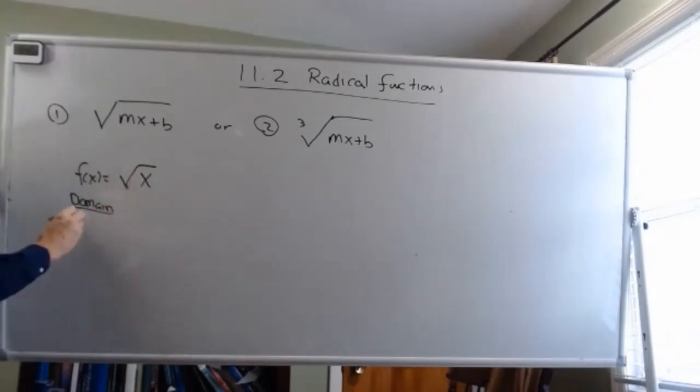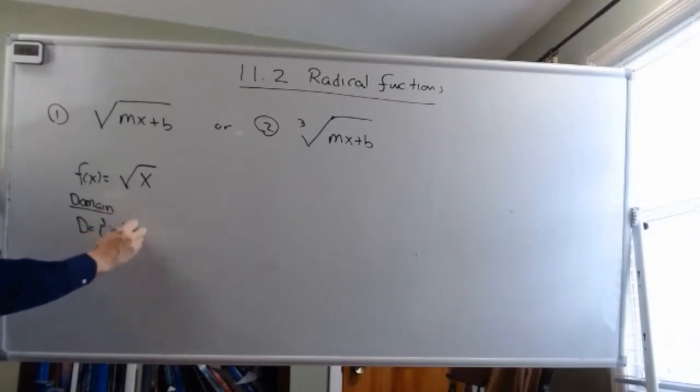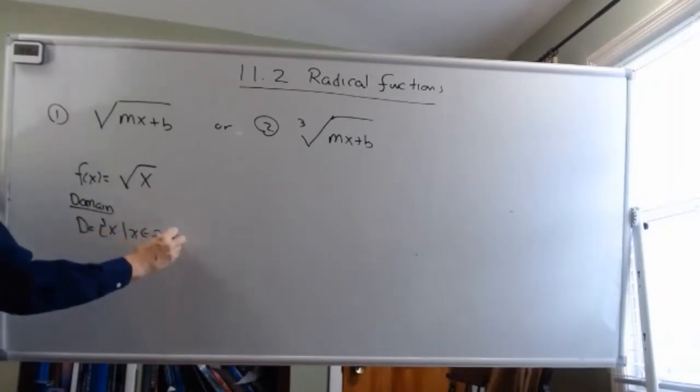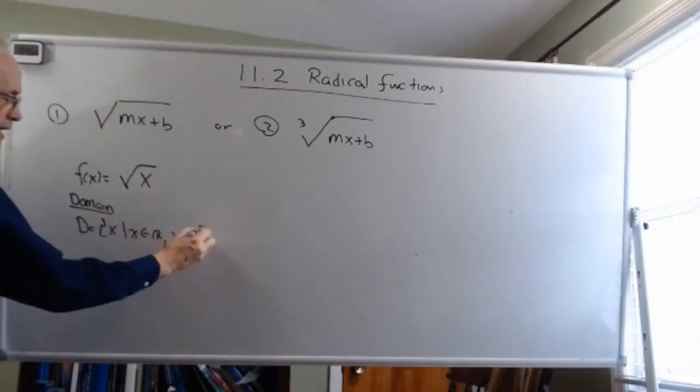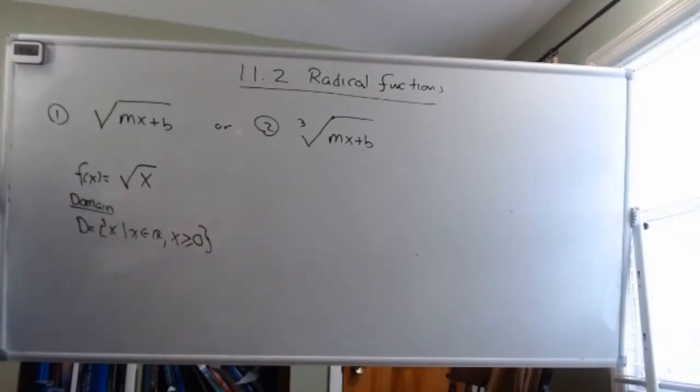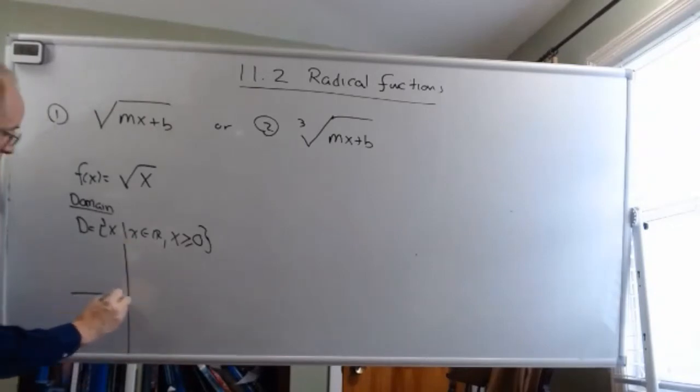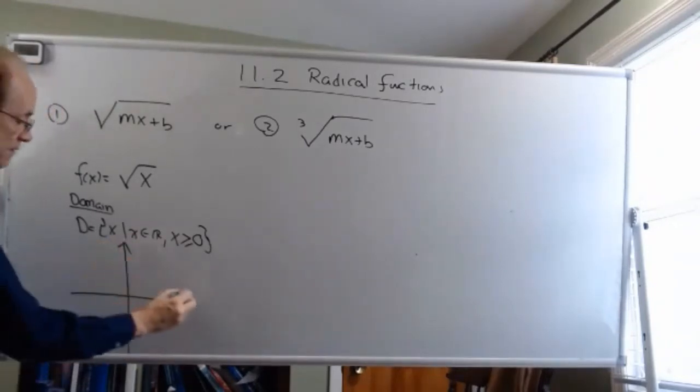So over here, we say the domain is the set of all x, x is a real number, and x has to be greater than or equal to 0. I can have 0 in that expression. Square root of 0 is just 0, but I can't have a negative value. Now, the graph of that, when I plug it into my calculator or my Desmos application, will look something like this.